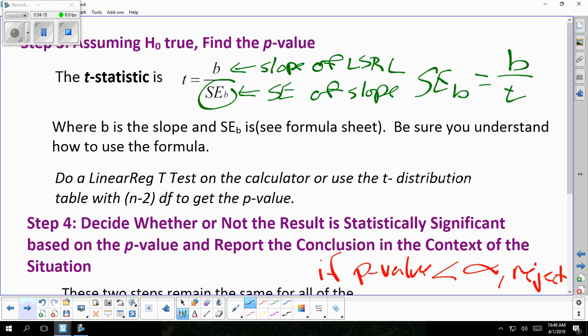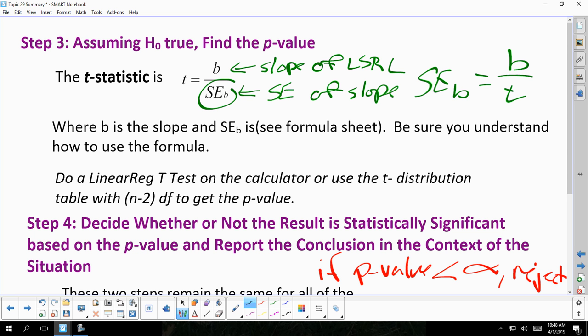All right. So our test statistic is calculated as follows. We're going to use the slope of the least squares regression line divided by the standard error of the slope. Standard error is something we need to be given. I'll show you how to back into it and calculate it. When we use our software, our TI-84s, to calculate this t and b, we can find the standard error by simply dividing the slope of the regression line by t.